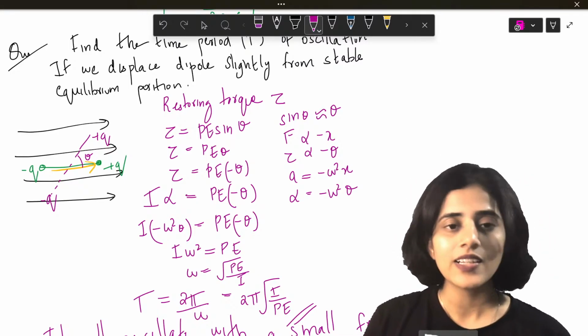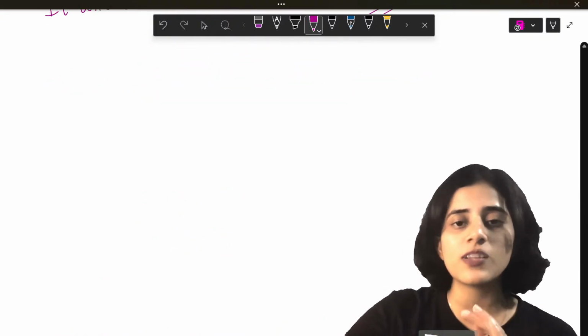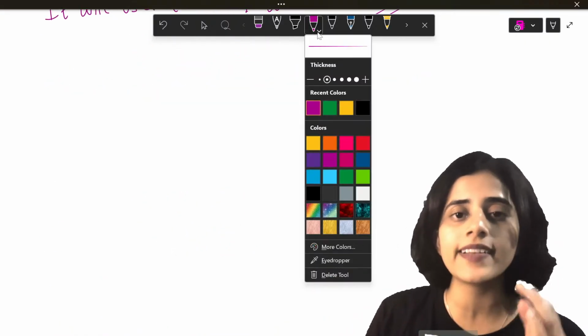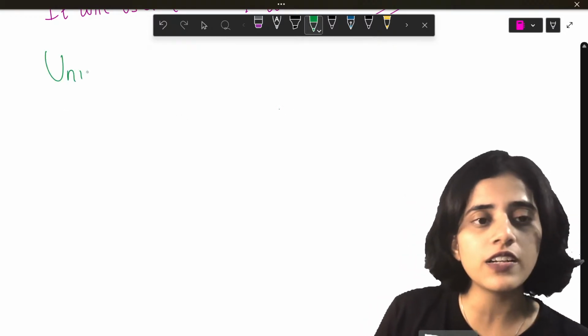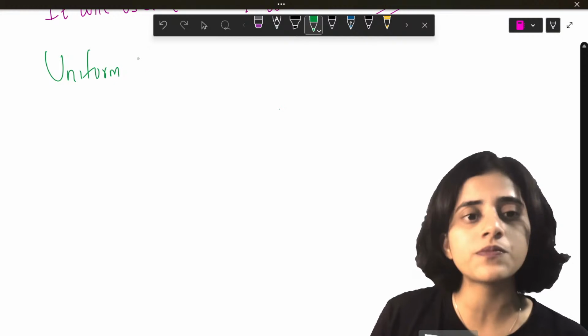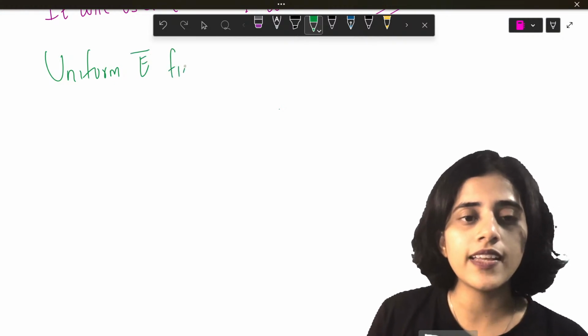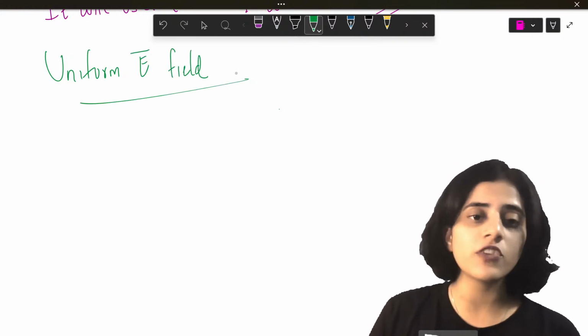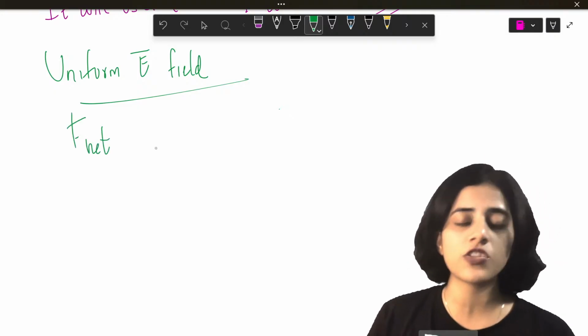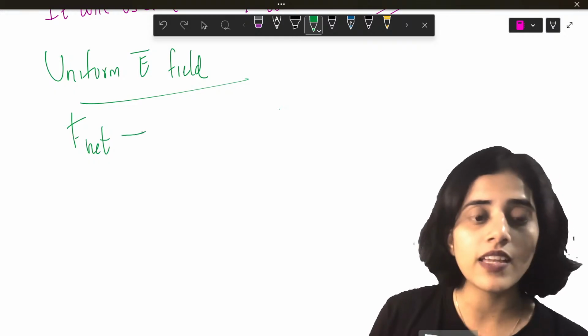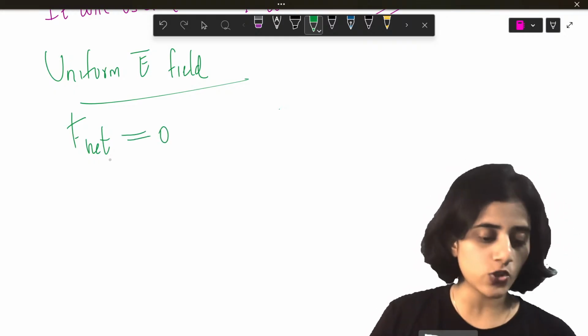Now students, in this section, let's quickly recall what all we've learned. We learned about a uniform electric field. What did we learn about a uniform electric field? That in a uniform electric field, if you have a dipole, the net force is always zero.